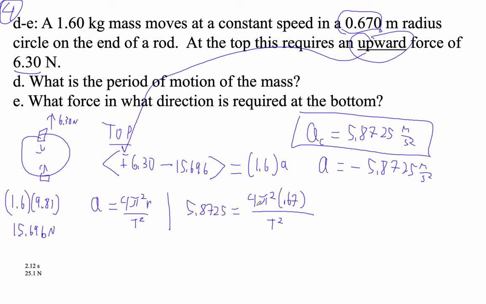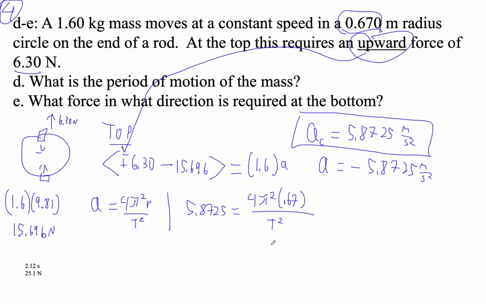This is clever mathing here, right? Remember, you're going to take all of this and divide by this, that'll be t squared, and then you take a square root, okay? So 4 times pi squared times 0.67 divided by the opposite of that number, since that number came out negative on my calculator. I'm getting 4.5 as t squared.